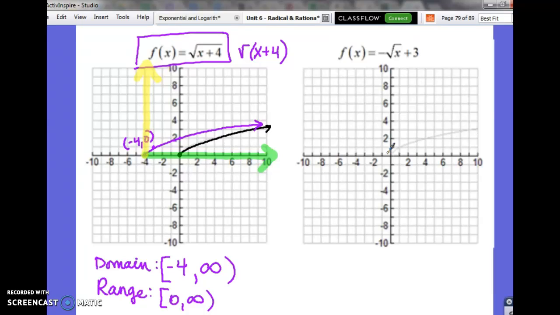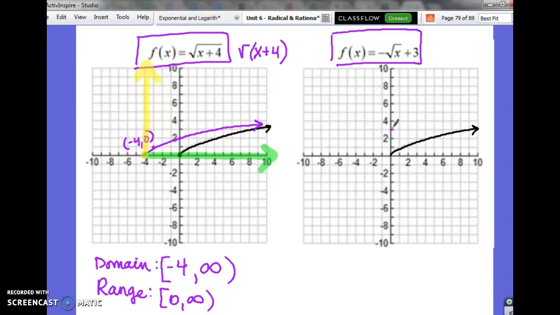In the next example, again, the parent function has been drawn in for you just so you have something to compare to. If you then put this function into your calculator, you should see that that graph has been flipped upside down, and it has also been moved up 3.